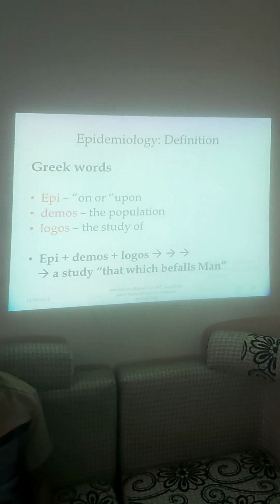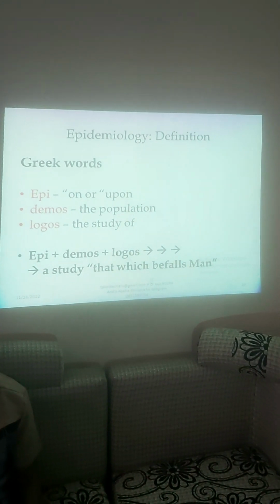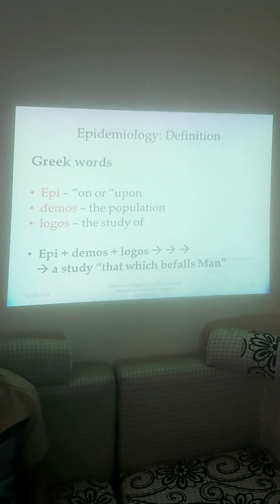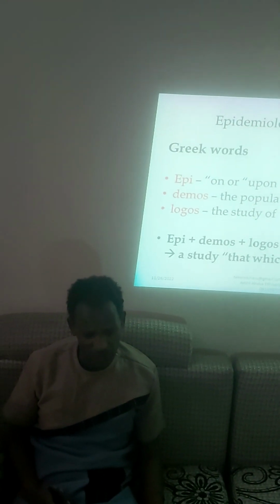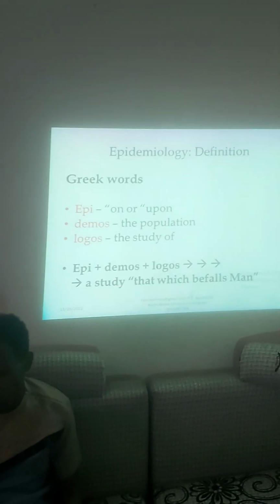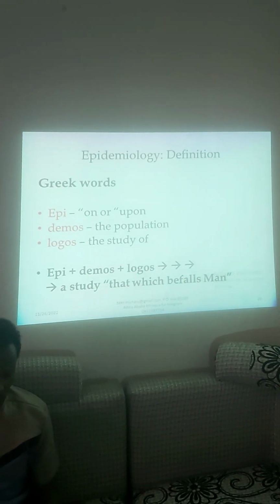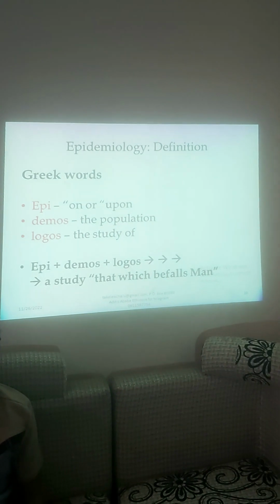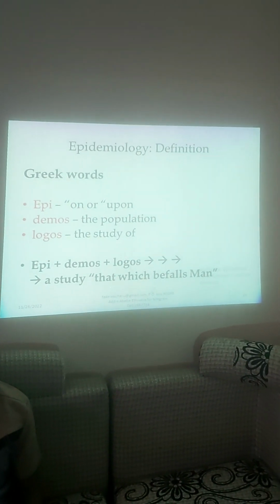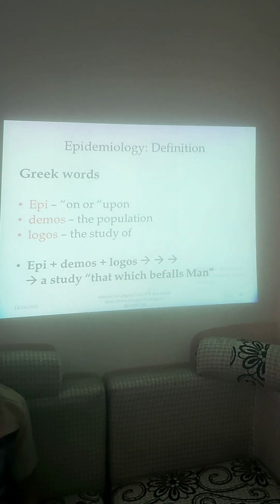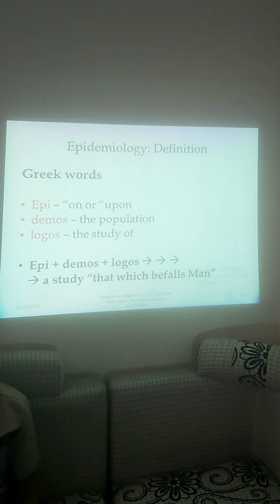This is all about the originated term, the meaning. I think the meaning and the definition are different. The meaning of epidemiology comes from three Greek words: epi plus demos with logos, which equals epidemiology.